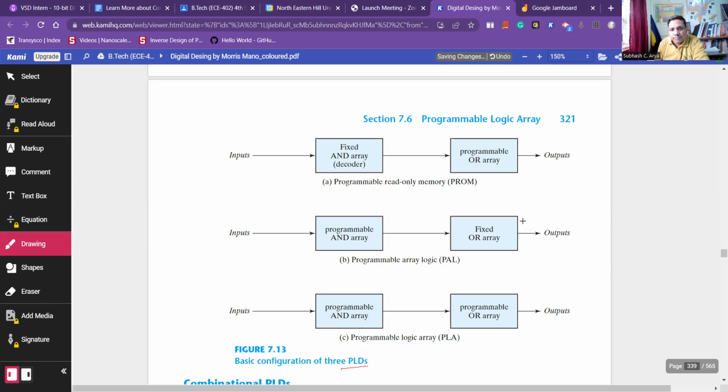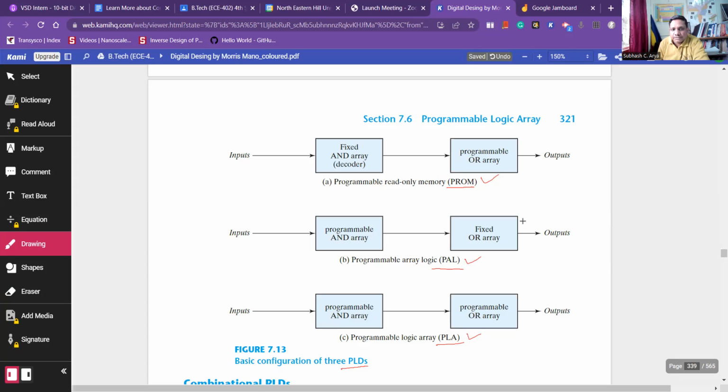One is called programmable read-only memory, in short, PROM. Another one is called programmable array logic, that is called PAL. And the third one is called programmable logic array. So in short, we have three: PROM, PAL, and PLA.